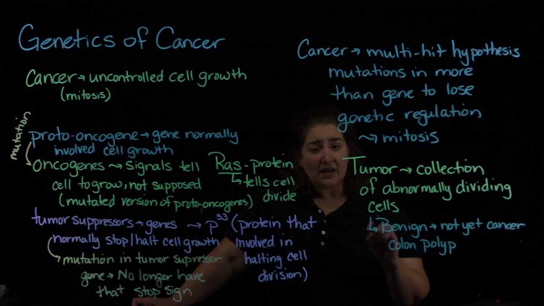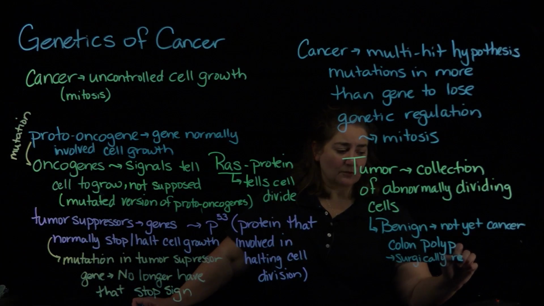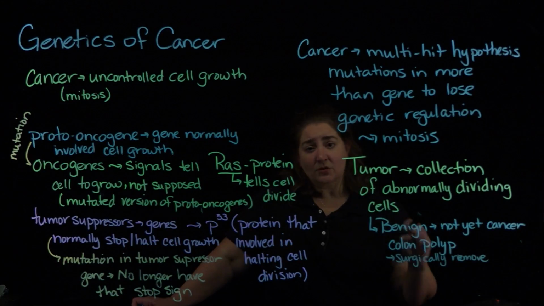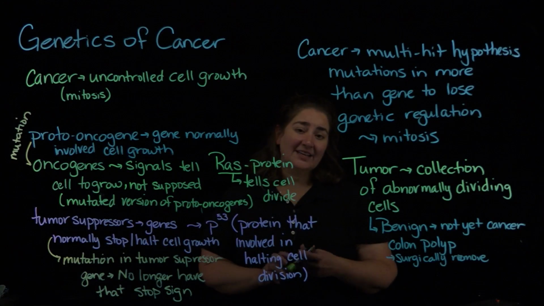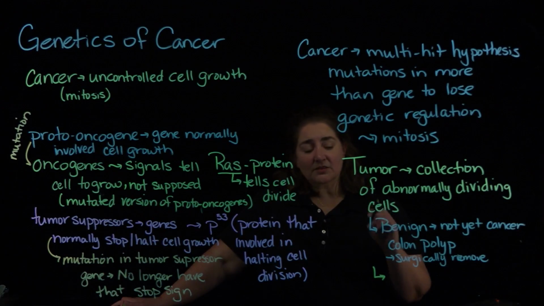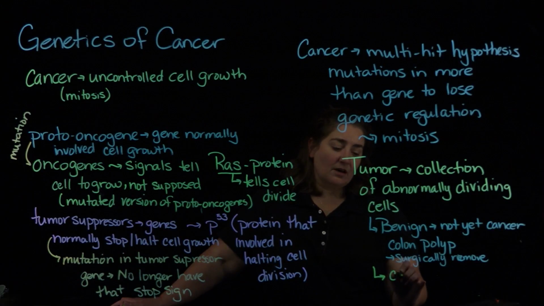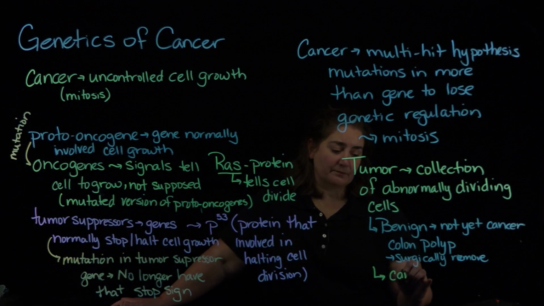The thing about benign tumors, you can surgically remove the benign tumor, and then that set of cells, because they're no longer present, won't give rise to cancer. Okay? Cancer is kind of the next step from benign in some cases. Some cells can remain in a benign stage. They never reach the cancerous stage. Other cells, it's a stop along the way to becoming cancer.